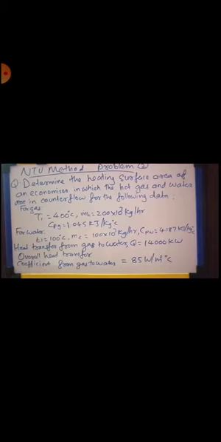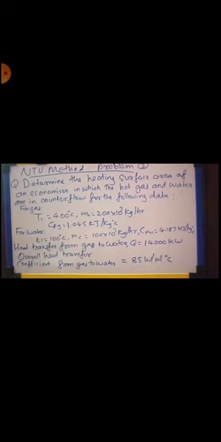Determine the heating surface area of an economizer in which the hot gas and water are in counterflow for the following data. For gas, T1 is equal to 400 degrees centigrade, m dot h is equal to 210 power 3 kilogram per hour, CPG is equal to 1.045 kilojoule per kilogram degree centigrade.